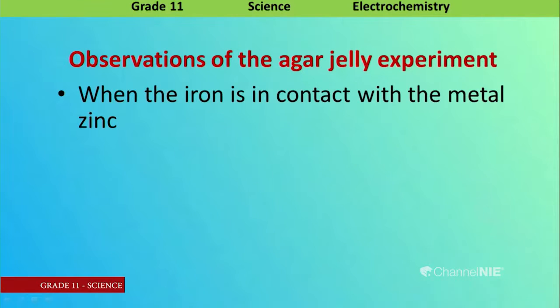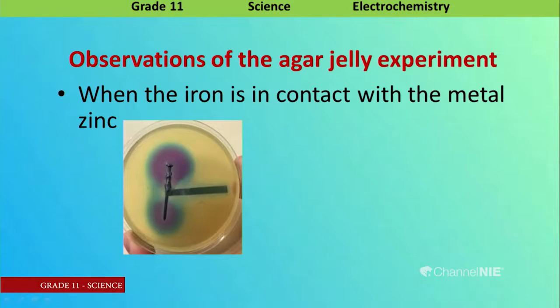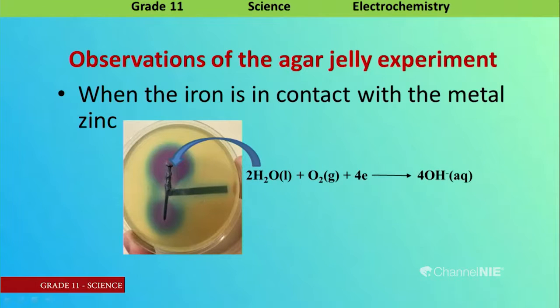Right. When iron is in contact with the metal zinc, see, reduction reaction takes place near iron and oxidation takes place near zinc. That means instead of oxidizing iron, zinc metal is oxidized, and zinc sacrifices itself to protect iron from rusting.